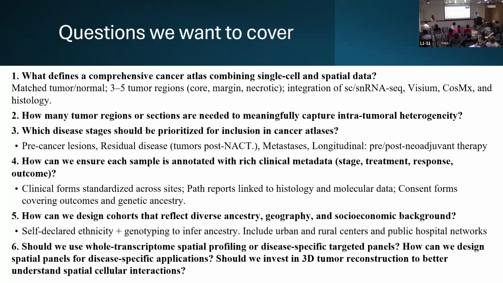How do you think about it when we think about a cancer-related single-cell atlas? Should we go question by question, or do you want to take up any one question and elaborate on that? Yeah, maybe we can go question by question. For instance, what would define a comprehensive cancer atlas combining single-cell and spatial data? Should we think about matched tumor and normal cells?